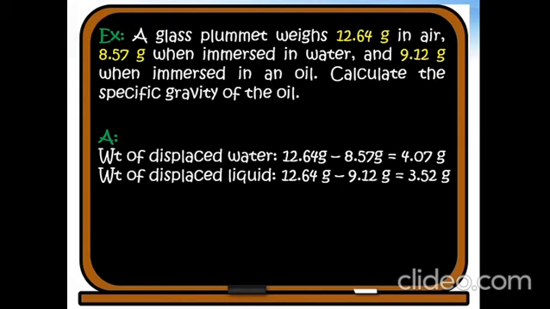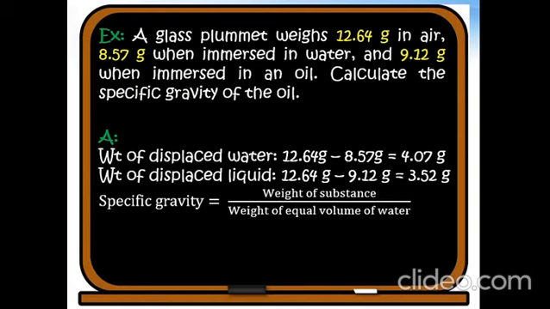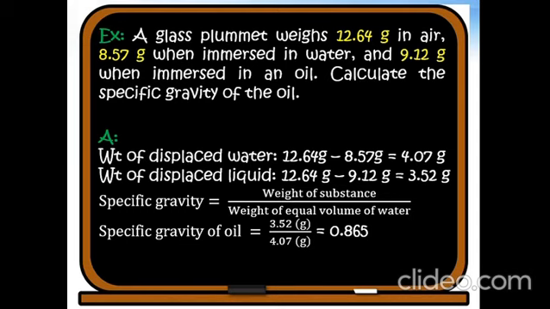So that's the reason why we can directly use this equation. That is 3.52 grams, weight of the oil, divided by the weight of equal volume of water, that is 4.07 grams. So the specific gravity of this oil is 0.865.